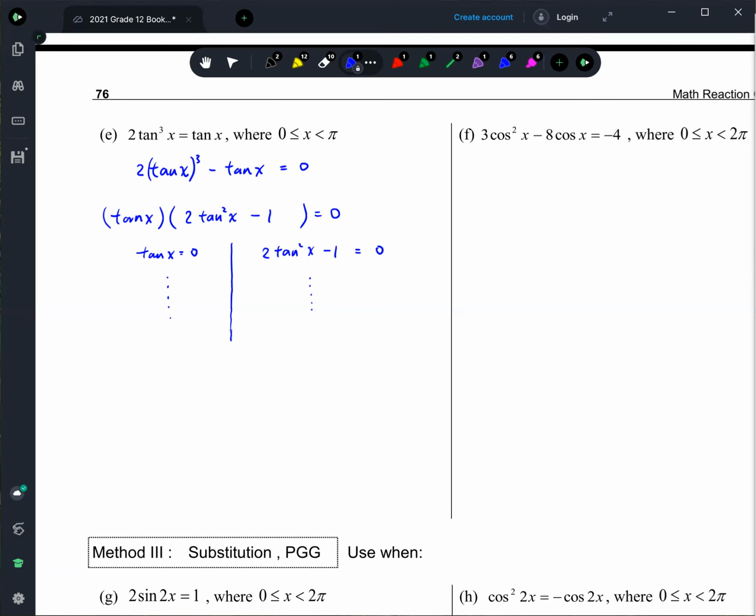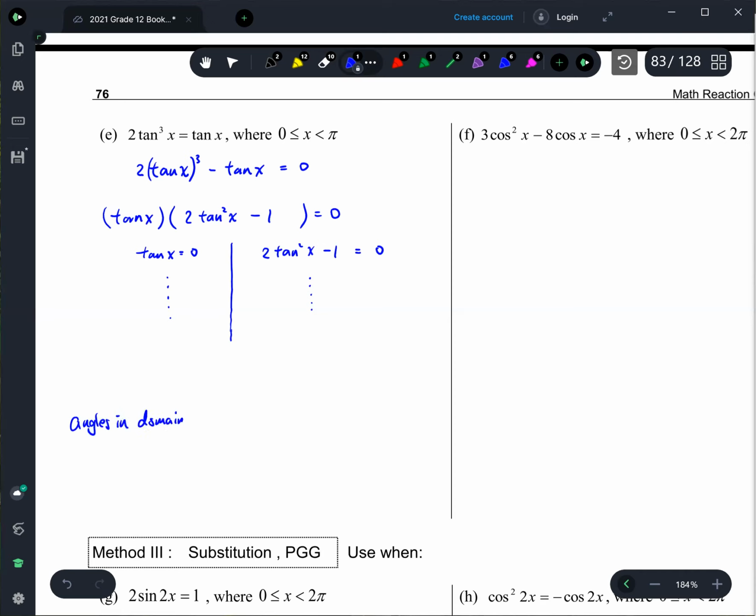Find the angles in domain. So angles in domain. Okay, and then we are going to write out the general solution.